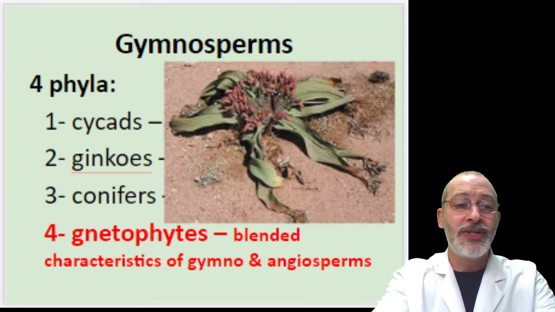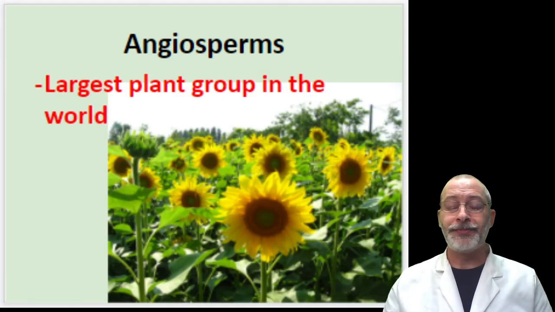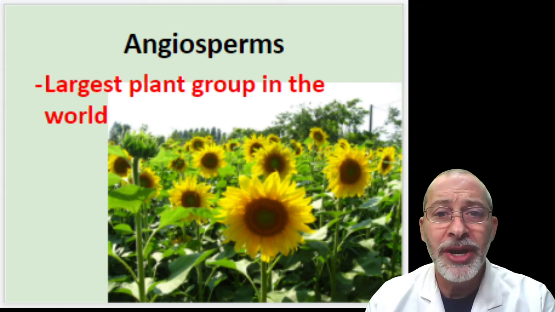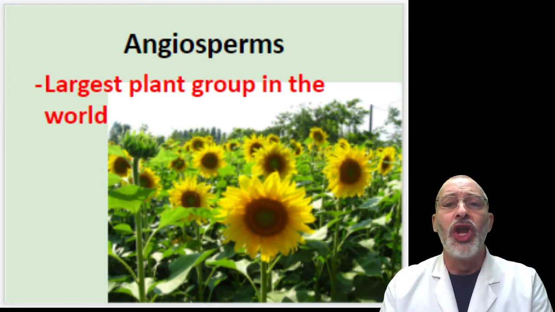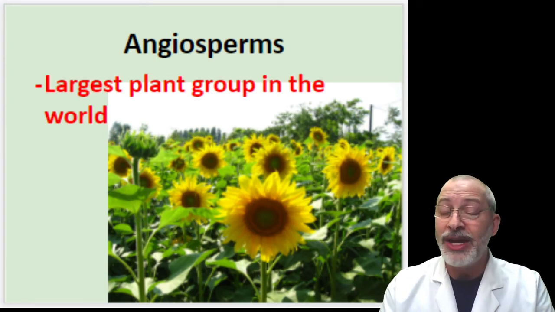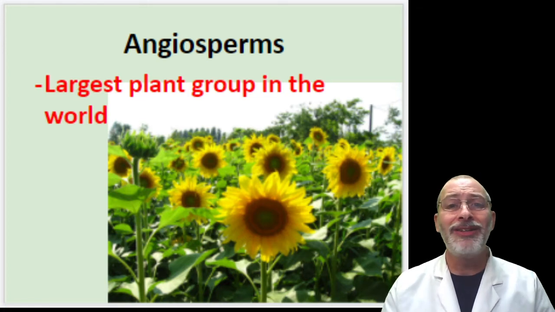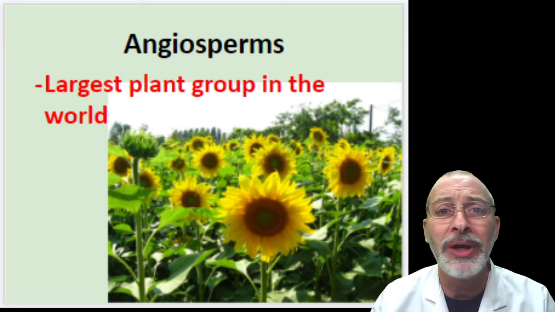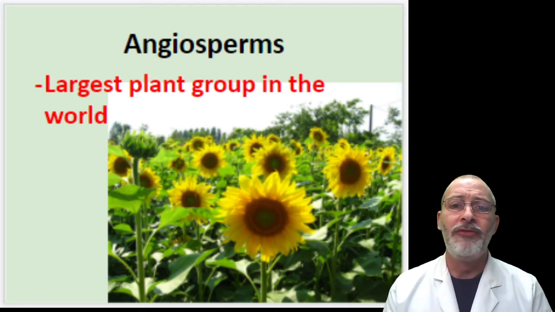But let's transition now and start talking about angiosperms. We're finishing up here with angiosperms because they are by far the largest plant group in the world. They grow in all environments, from subarctic to tropical and everywhere in between. They are the largest group of plants.